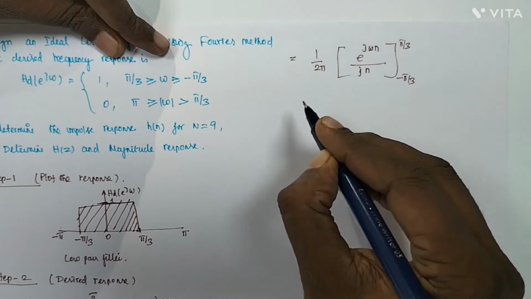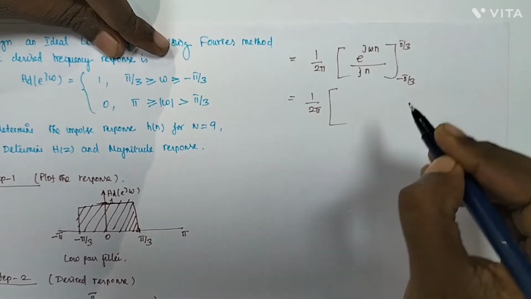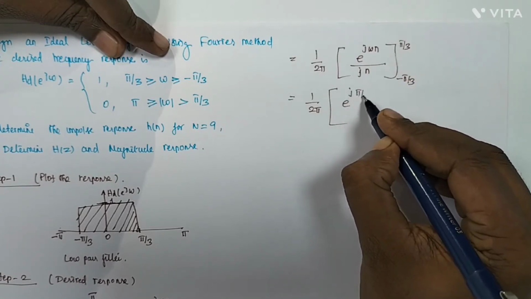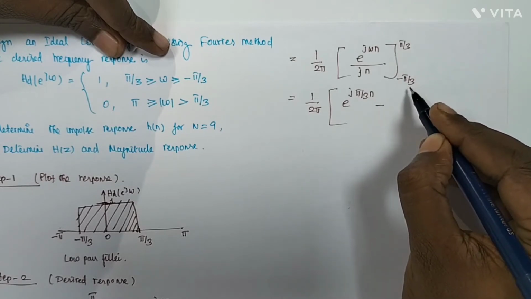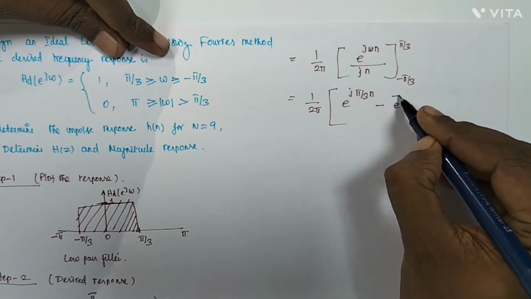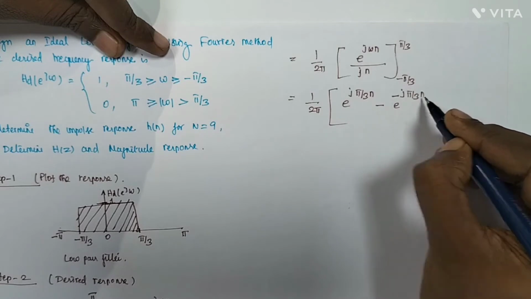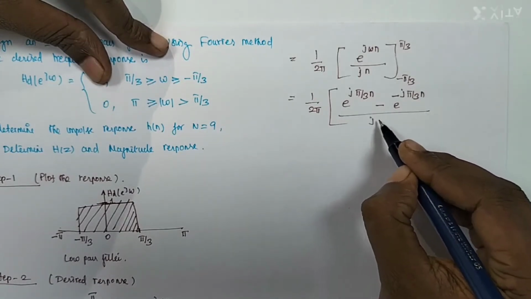It is equal to 1 by 2 pi, e power j pi by 3 n minus, by subtracting the lower limit, e power minus j pi by 3 n, divided by jn.